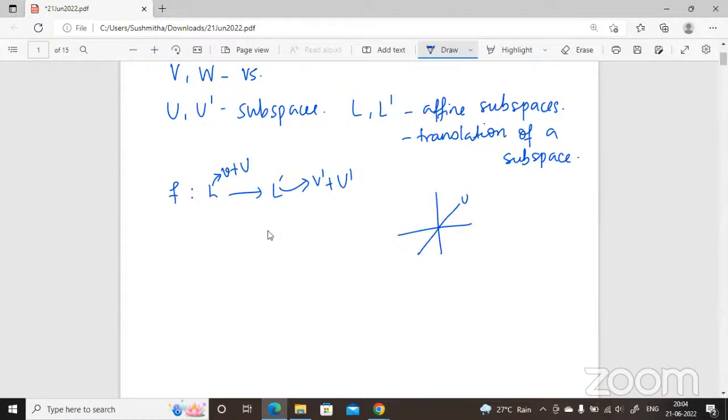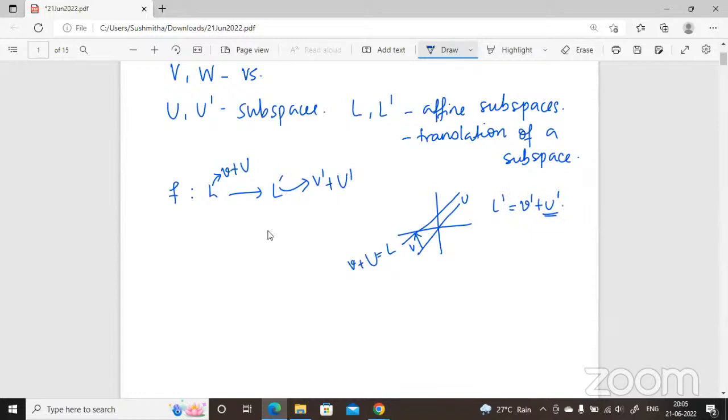So you have a subspace which passes through the origin. You translate that to get an affine space. So you translate U by the vector V, meaning you add the vector V to every point on the subspace U to get L. So L can be written as V plus U. For L prime, we take it as V prime plus U prime.